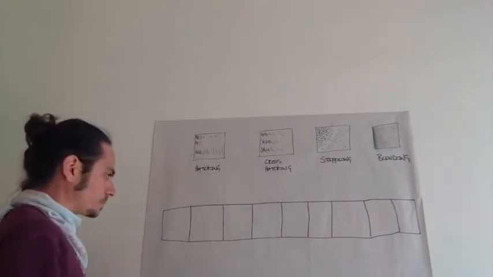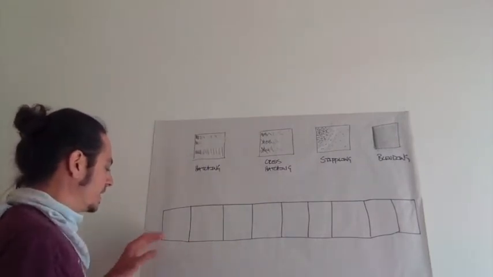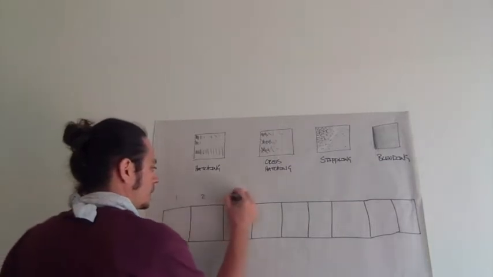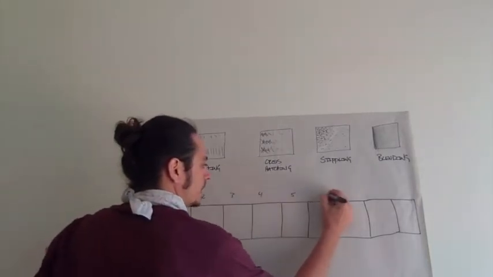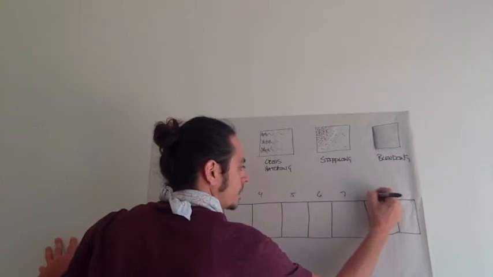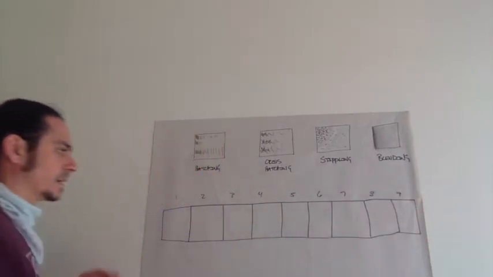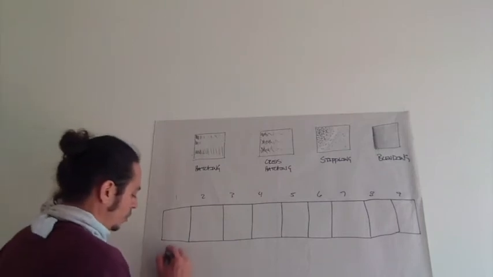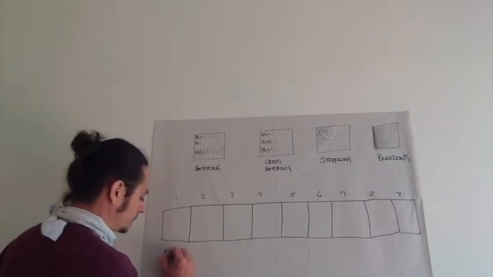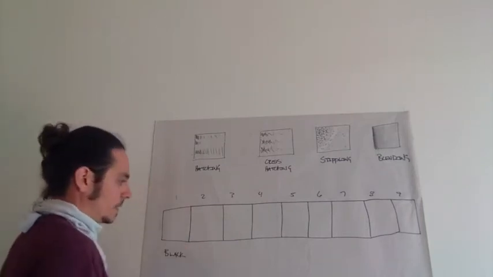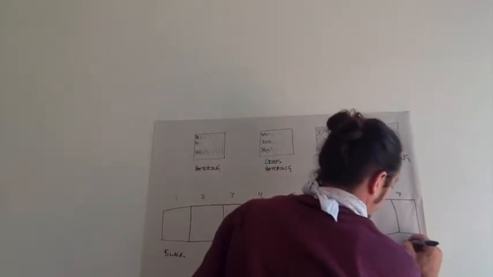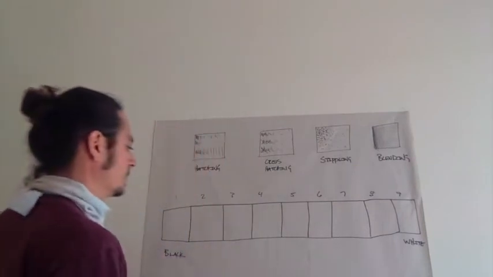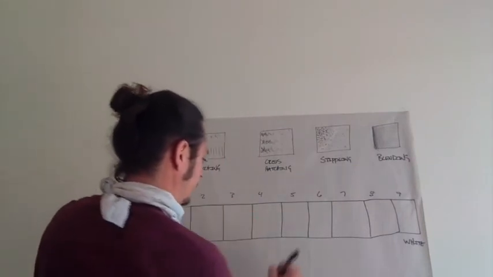So what I like to do is number these from 1 to 9. Okay, so that's how many we have. This one is going to be completely black. And this one's going to be completely white. And this one is going to be 50%.